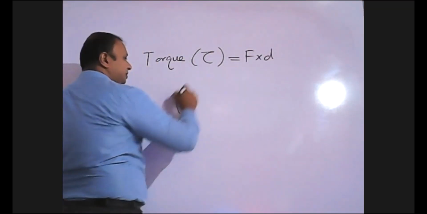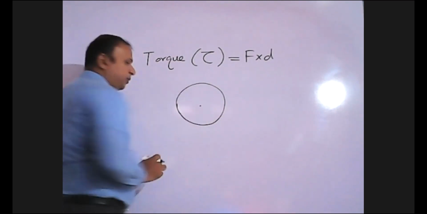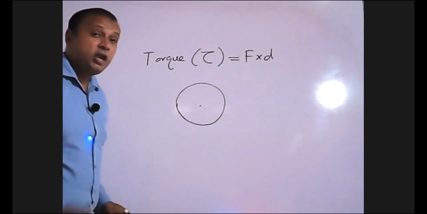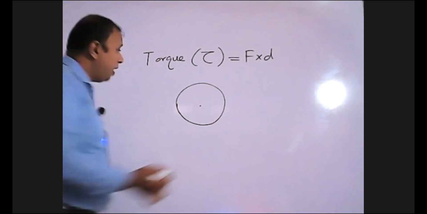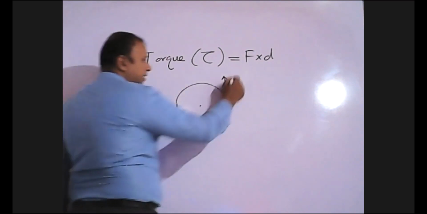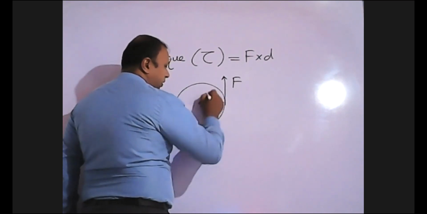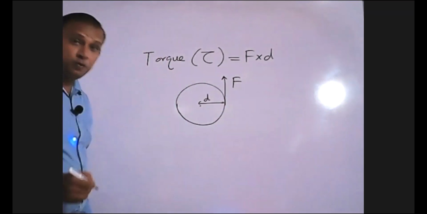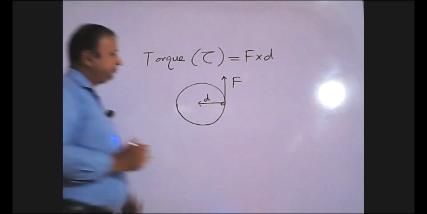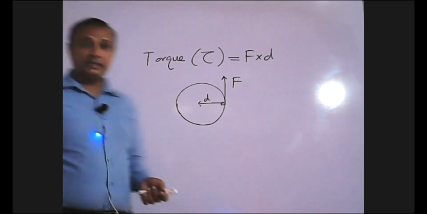It is something like this. Suppose this is a wheel. If you want to rotate this wheel, you have to apply a torque. This torque is measured by force into perpendicular distance. You can note this down as a review.